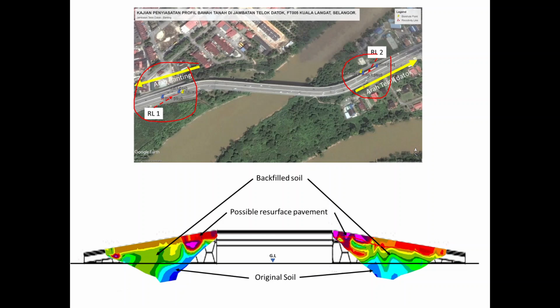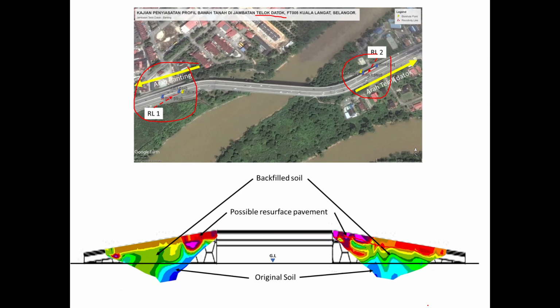They actually tried to investigate because this abutment has a settlement, quite a huge settlement. They tried to look for the reason why the settlement occurred in this area. Is there any cavity in that area?